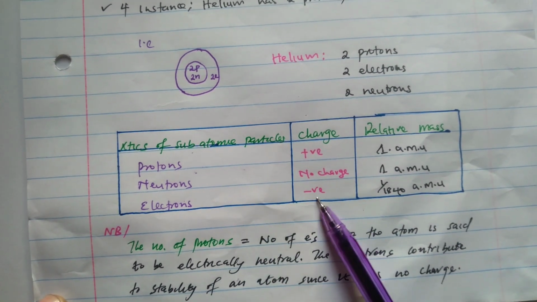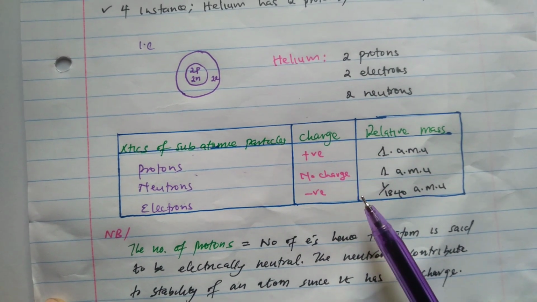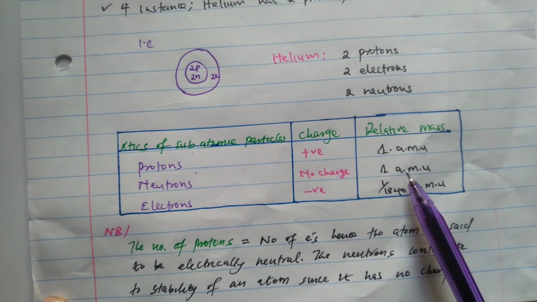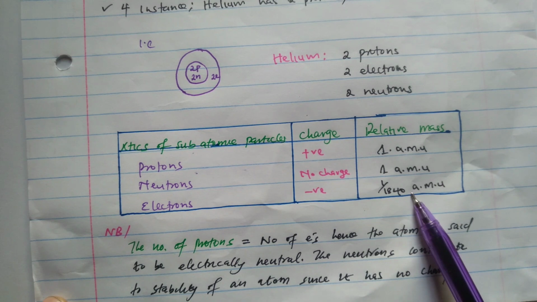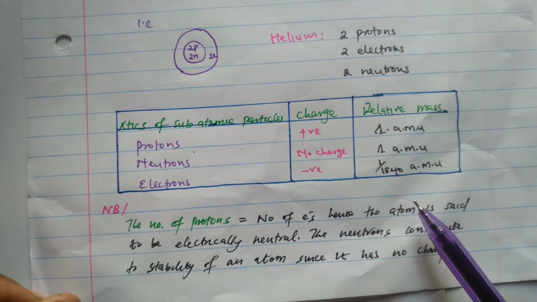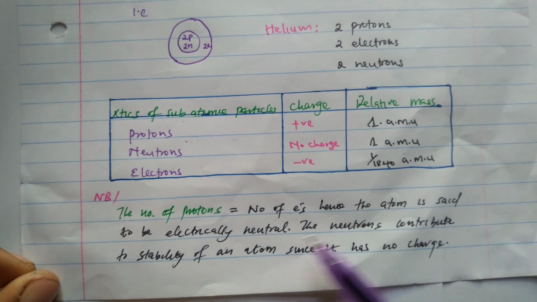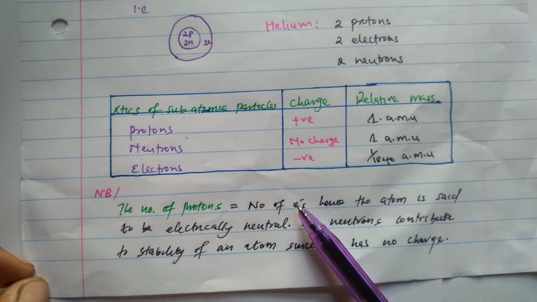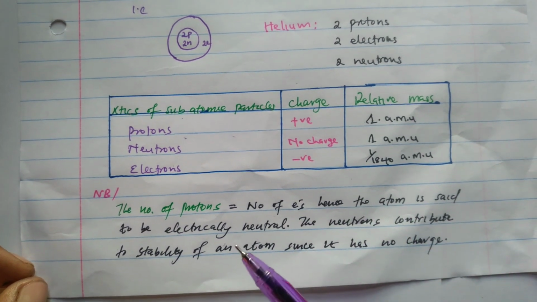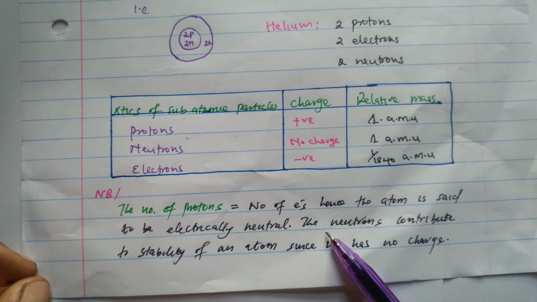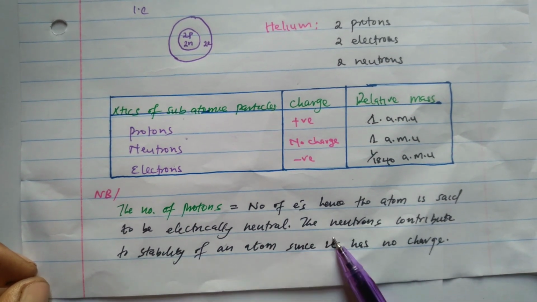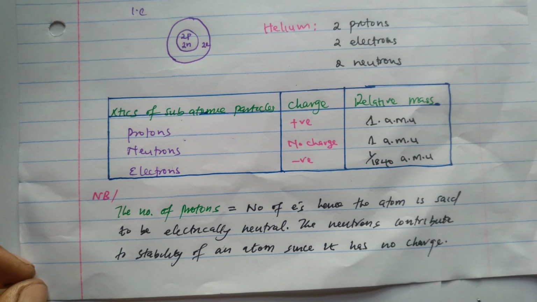Then the electron is negatively charged and has a very negligible relative mass, which is 1 over 1840 atomic mass unit. And then lastly, you need to know that the number of protons is usually equivalent to the number of electrons. Hence, the atom is said to be electrically neutral. The neutrons actually contribute to the stability of an atom since it has no charge.